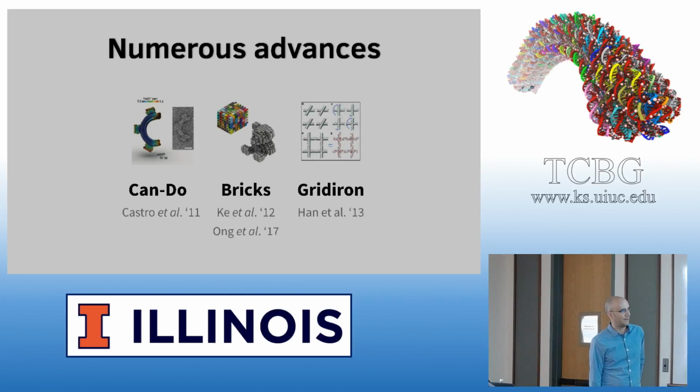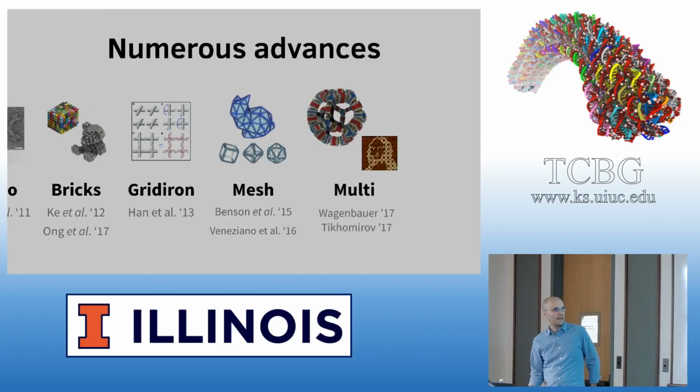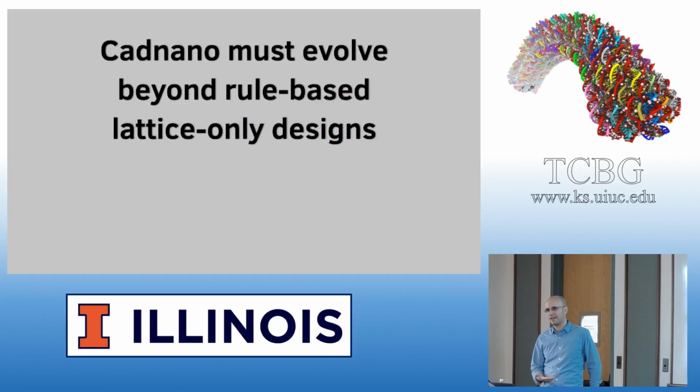Hao Yan's lab has been developing non-honeycomb, non-square lattice designs. And we've also seen a lot of wireframe mesh methods come out, and also these amazing multimeric structures. So it's a moving target, and we recognize that Cadnano just needs to evolve beyond the rule-based lattice designs.